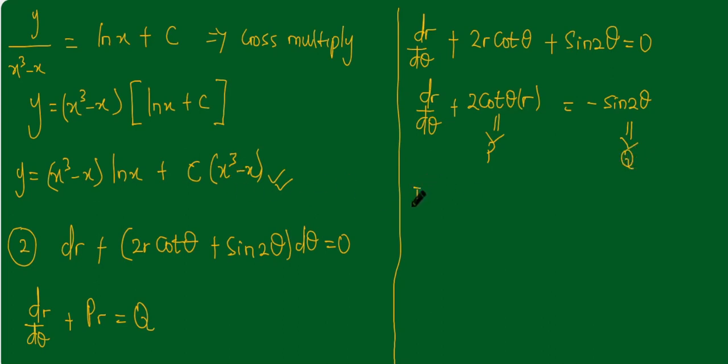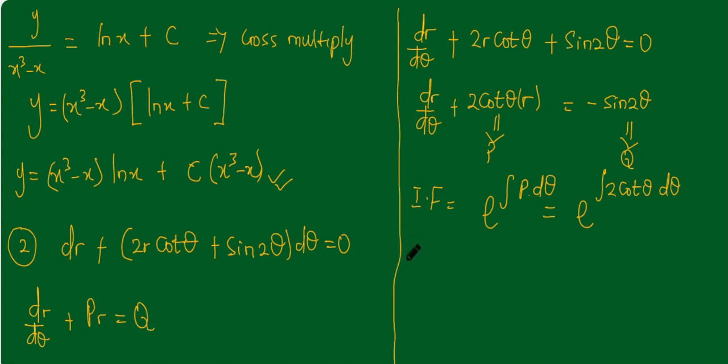So now we have to get our integrating factor, which is equal to e raised to power integral of p d theta in this case, since our theta is the independent variable. So we have this as e raised to power integral of 2 cot theta d theta.